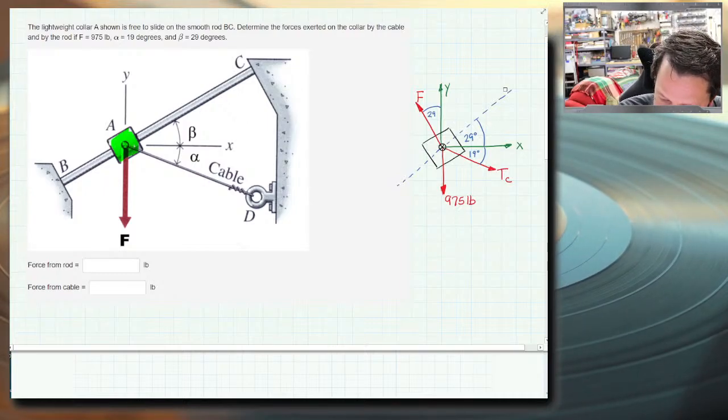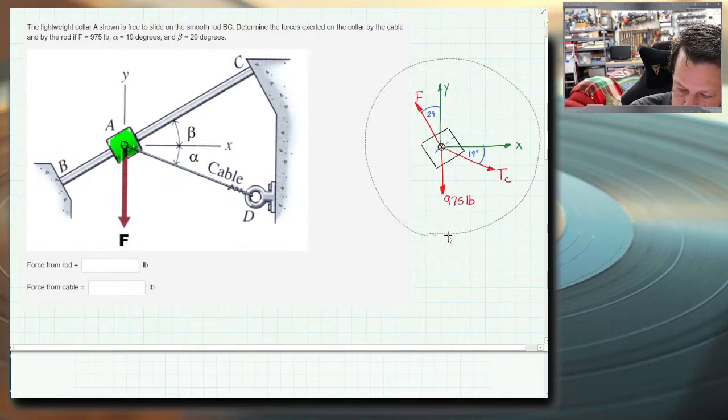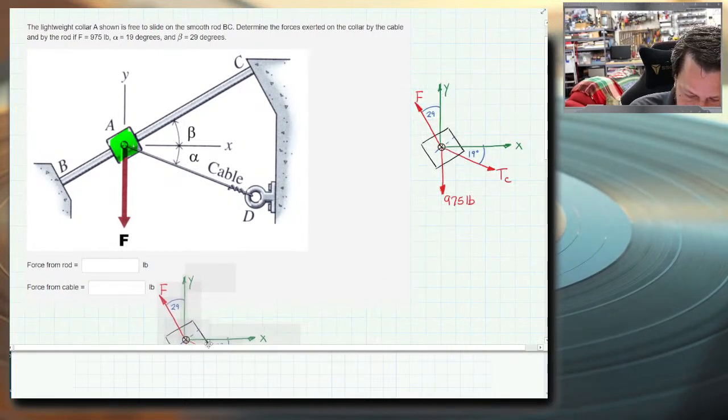In fact, I'm going to simplify it by erasing some of this because it's going to get in our way. We'll leave that in there just because it's hard to erase. All right, so let's take this and move it somewhere down here.